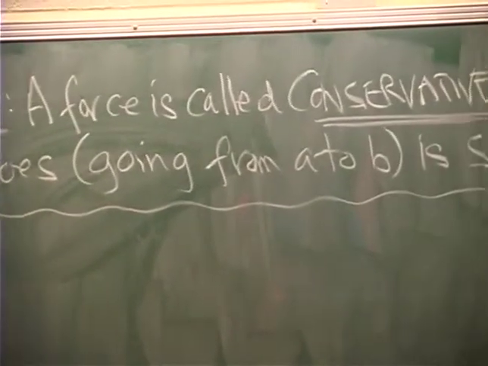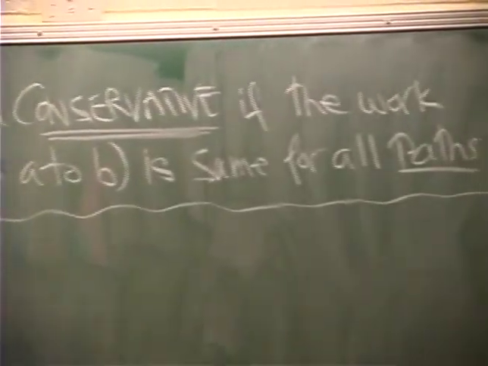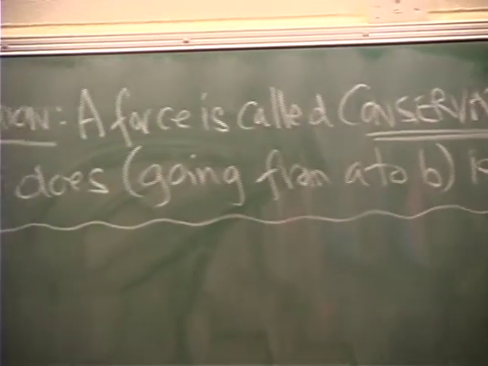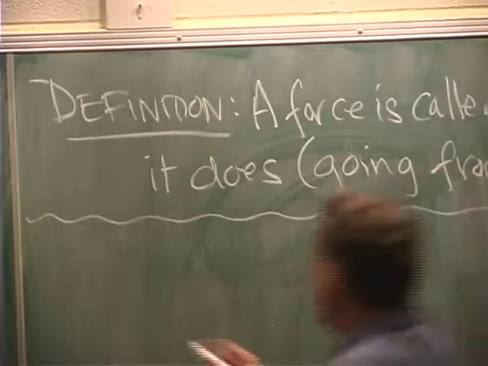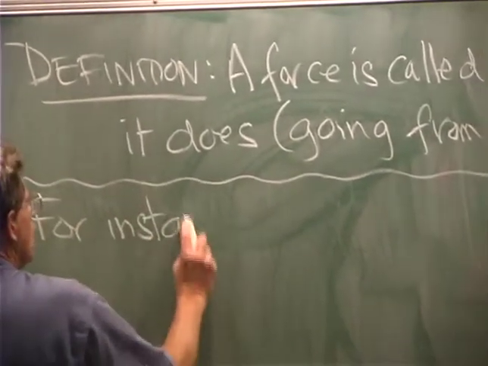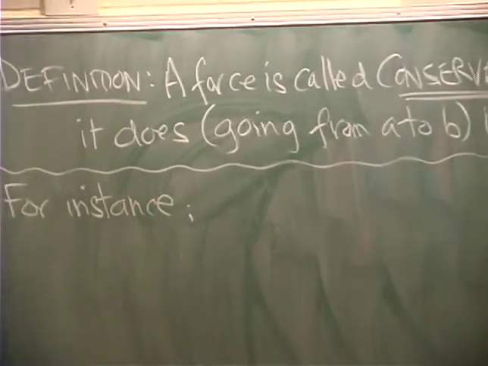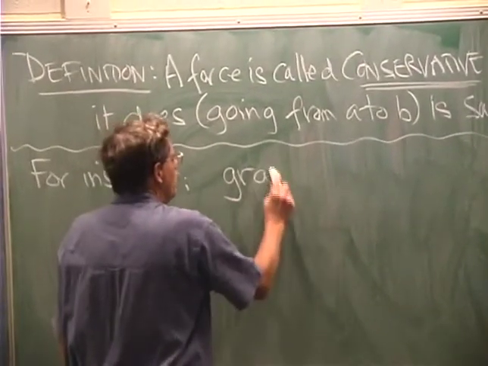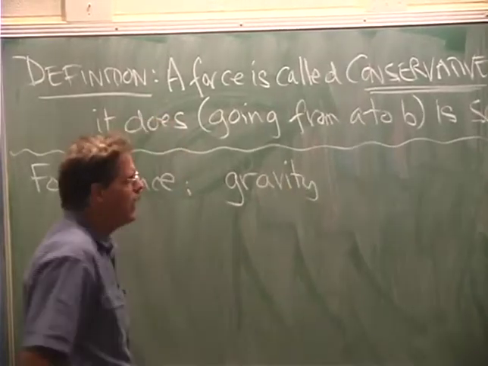So far, a force is called conservative if the work it does going from A to B is the same for all paths. For instance, gravity is conservative in this sense.